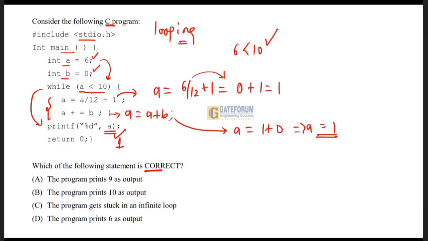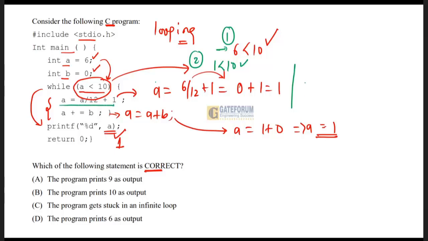After that, what is going to be checked? Again, a is less than 10. This is my second iteration, the earlier one was the first iteration. In the second iteration we check 1 is less than 10. It is also true, so a will be updated again with the statement a equal to a divided by 12 plus 1.